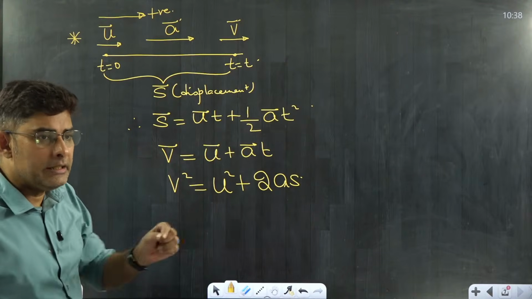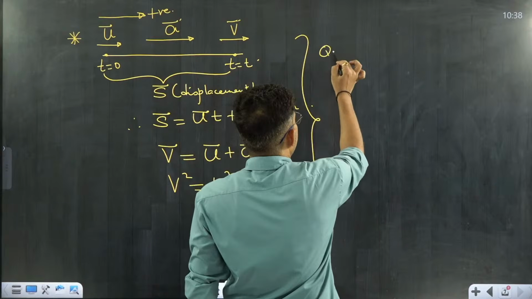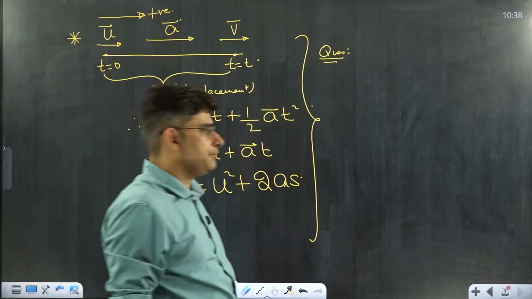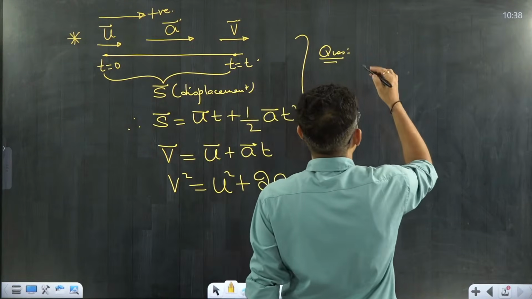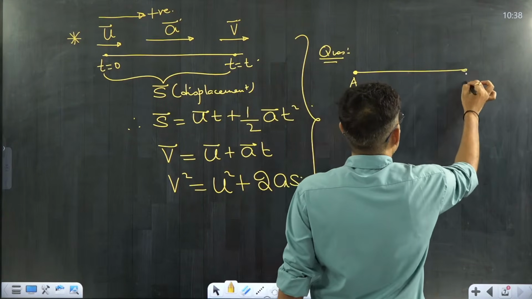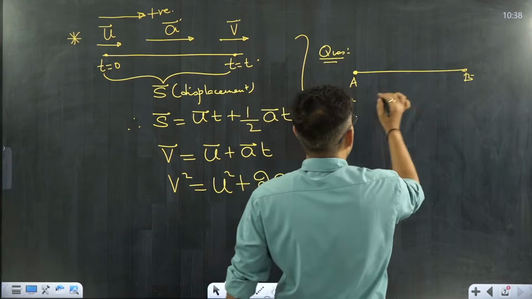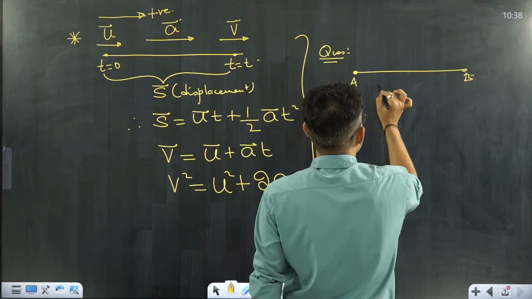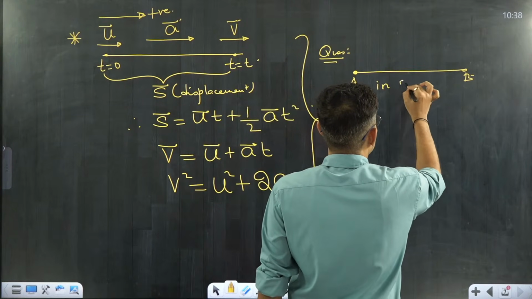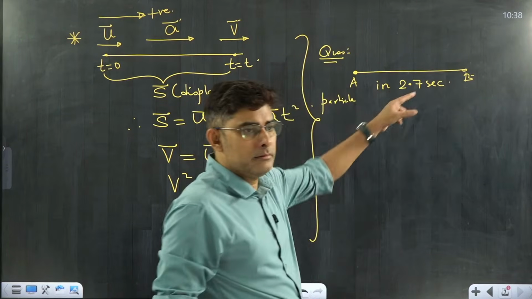Okay. So let me frame one question and I will be hearing from you. Just try to use these three equations and let me know the answer. There is a particle moving from A to B. This particle moves from A to B in 2.7 seconds.